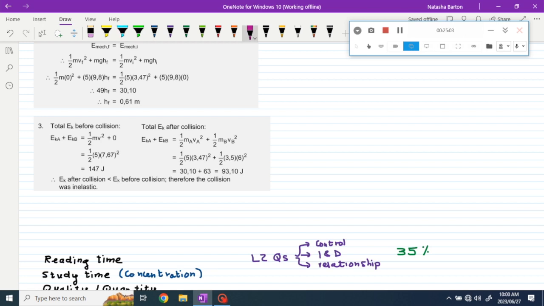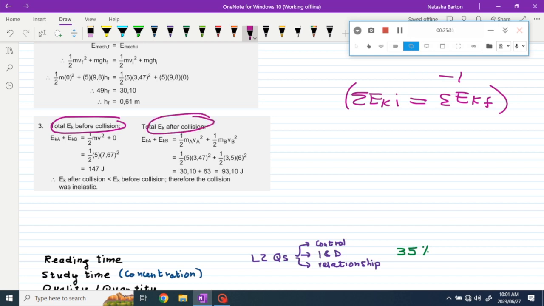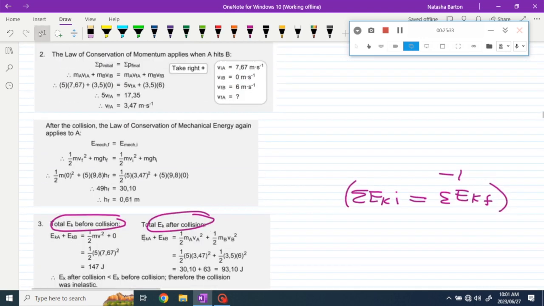Also, if we ask you to prove that a collision is elastic, do not start off by saying the sum of EK before is equal to the sum of EK after. If you start by doing this, we automatically subtract 1 mark, right? Because you are assuming something. You must first calculate the total kinetic energy before, then in a separate calculation, calculate the total kinetic energy after, and then come to a conclusion.